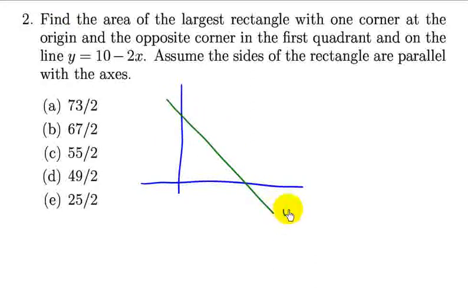Okay, this is y equals 10 minus 2x, and it says that one corner of the rectangle is at the origin and the opposite corner is in the first quadrant, which is here, and on the line, so somewhere here, let's say.